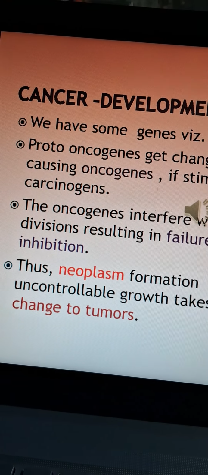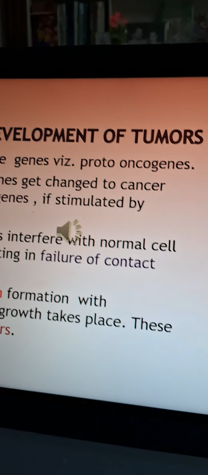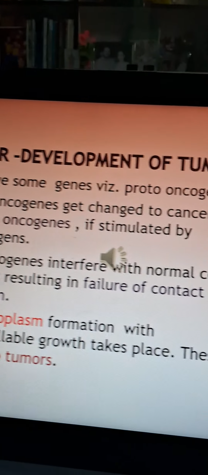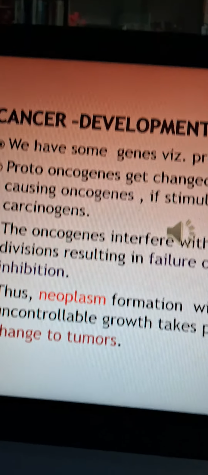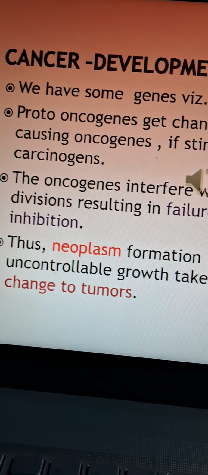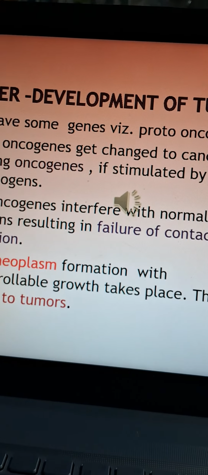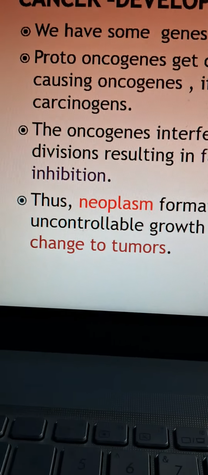Carcinogens are the agents causing cancer, such as radiation, viral infection, and some chemicals. The oncogenes interfere with normal cell divisions, resulting in the failure of contact inhibition. Thus, neoplasm formation with uncontrollable growth takes place. These change to tumors later.